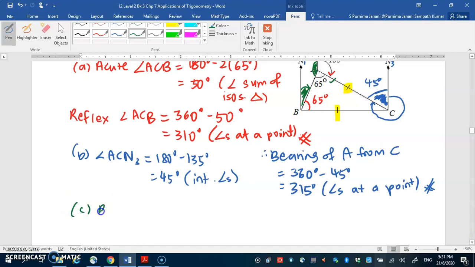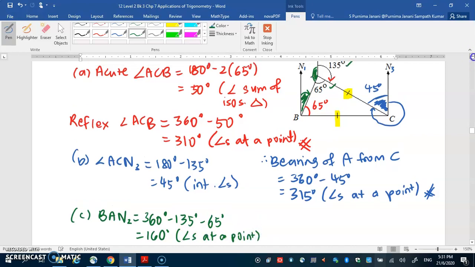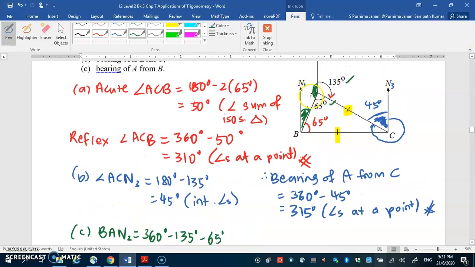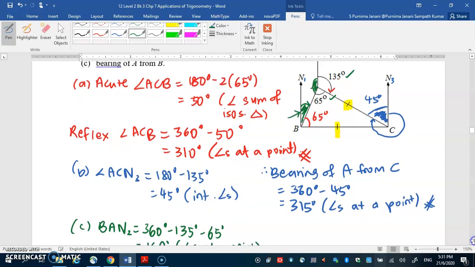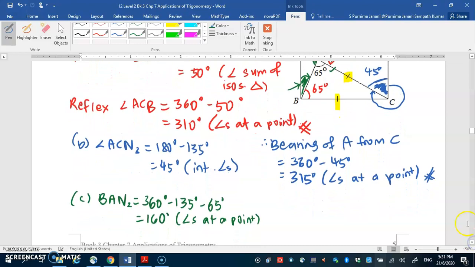Okay, so BAN2 equals 360 minus 135 minus 65. Press calculator. I get 160 because of angles at a point. And therefore, bearing of A from B, which is this angle here, will be 180 minus 160.